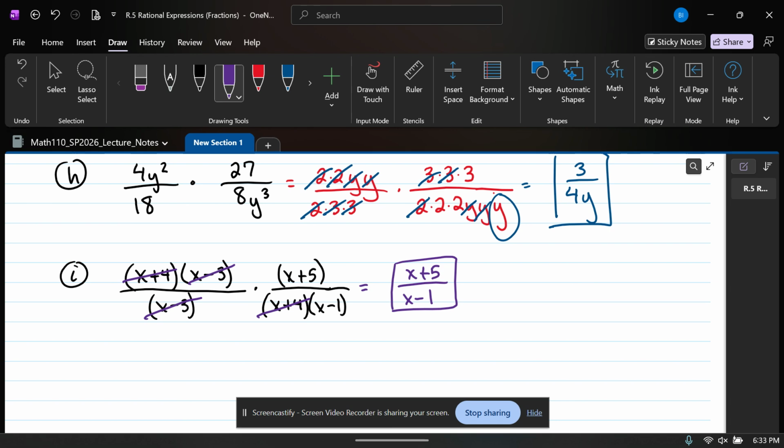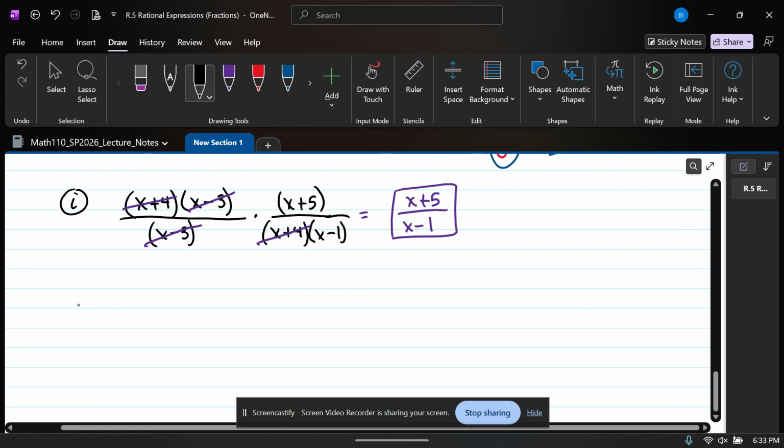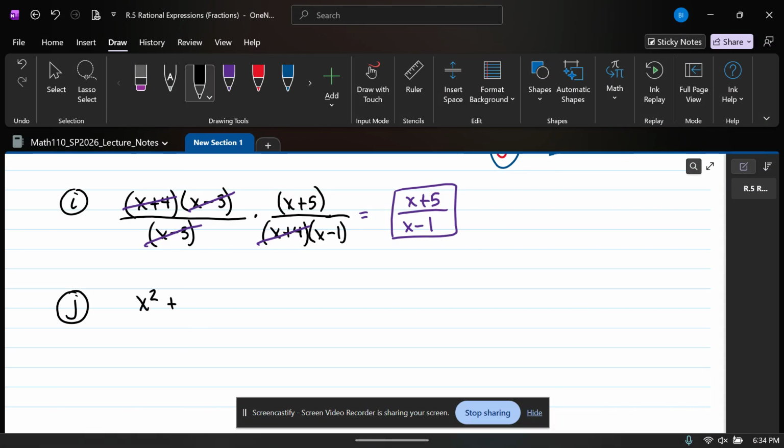Okay, so let's get one where we have to do the factoring for it. Example J: x squared plus 7x plus 10 over x plus 2 on the bottom, times x squared plus 6x plus 8 over x squared minus 25.